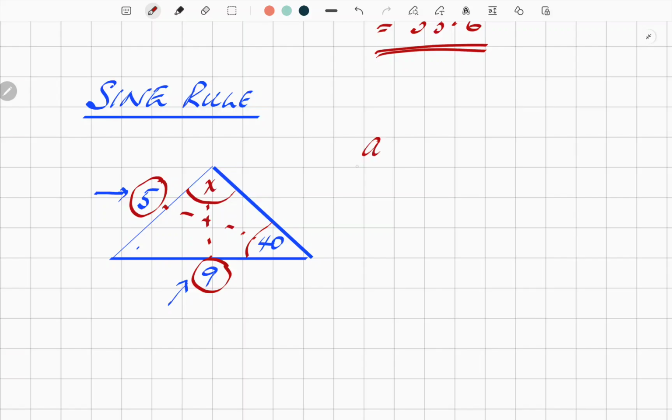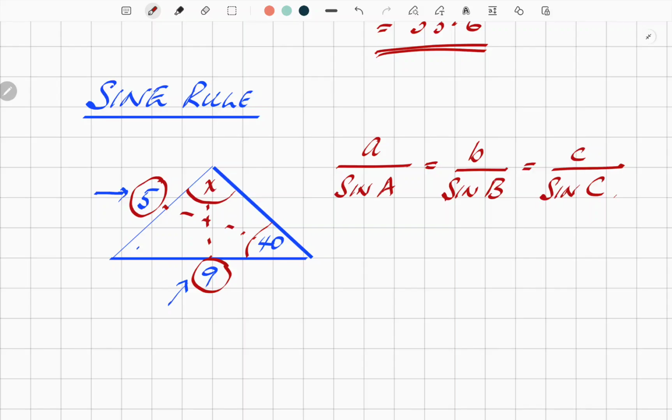So side A over sine angle A is going to be the same as the ratio of side B to the sine of angle B, and side C over the sine of angle C. Those ratios will be constant all the way around the triangle. It's always the sine of an angle and the side opposite that angle. That's the important thing to remember.